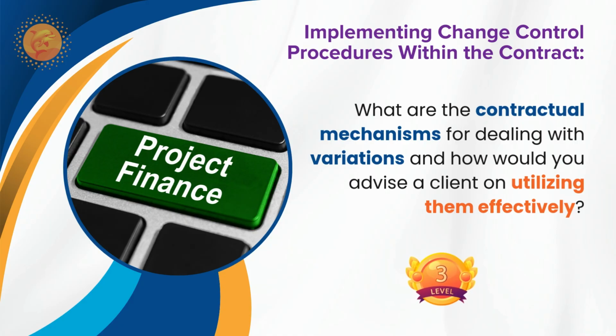Because if the client is not approving the drawings, how is the contractor going to execute it? So it is going to delay them. So you should have some project protocol to have some timeline to keep track of each and everything. Okay, variation instructed, but without approval, how is he going to proceed with it?